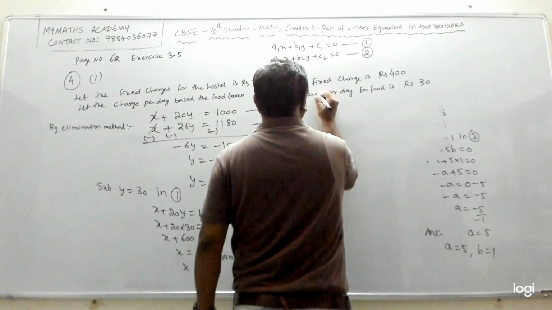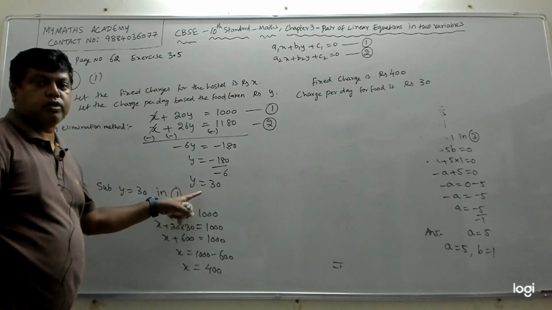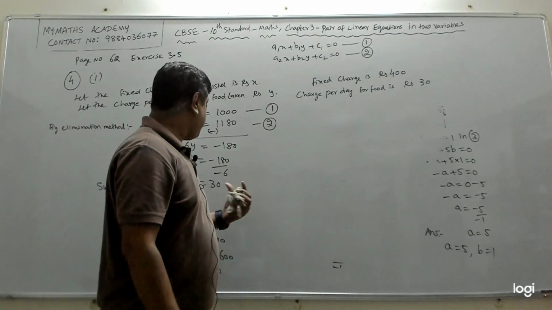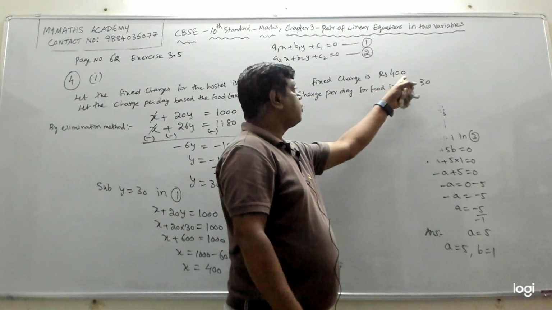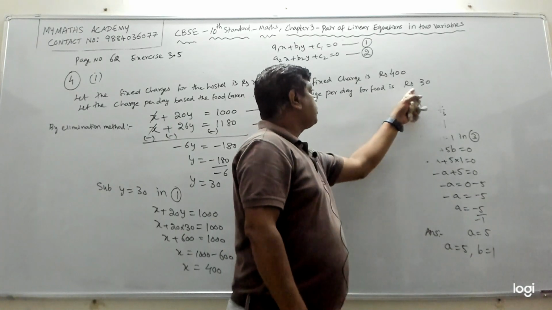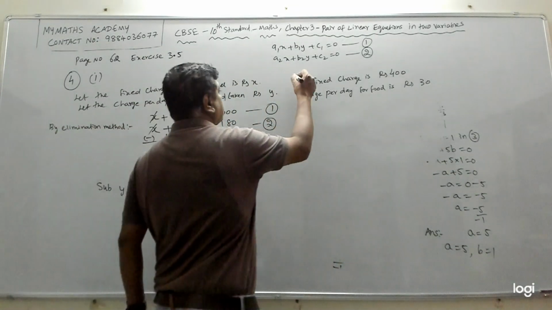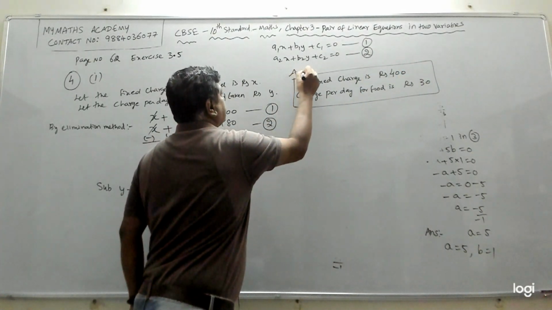Clear? Charge per day for food is rupees 30 because Y we have taken as the per day food charge, and X is the fixed charge. So the fixed charge for the hostel is 400, and the charge per day for the food is rupees 30. This is the final answer for this problem.